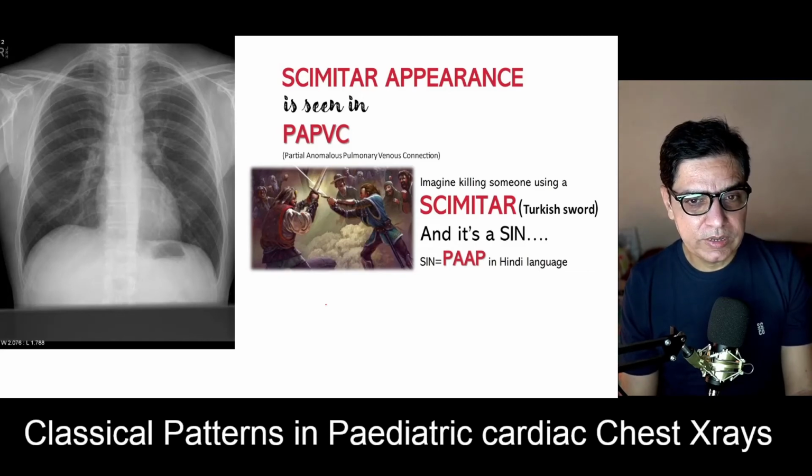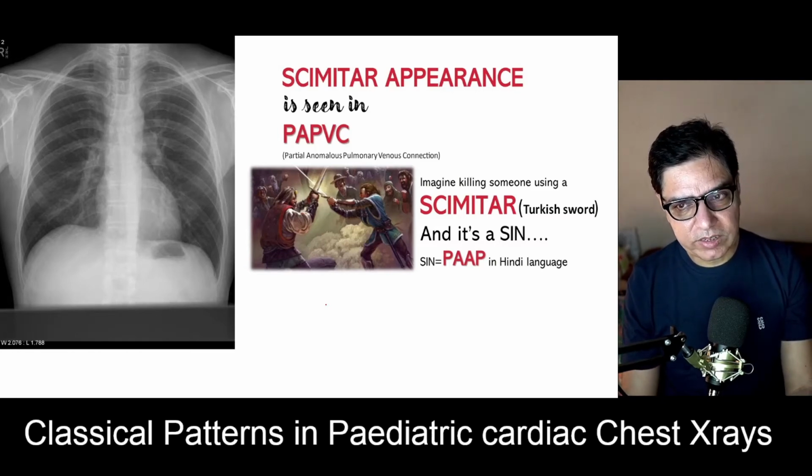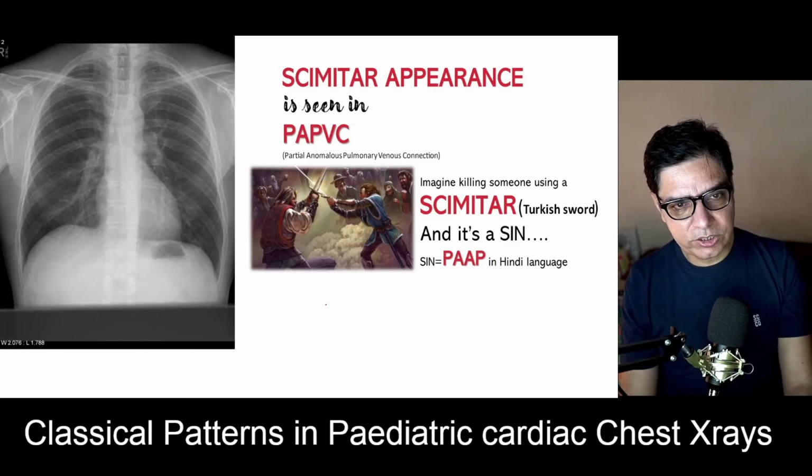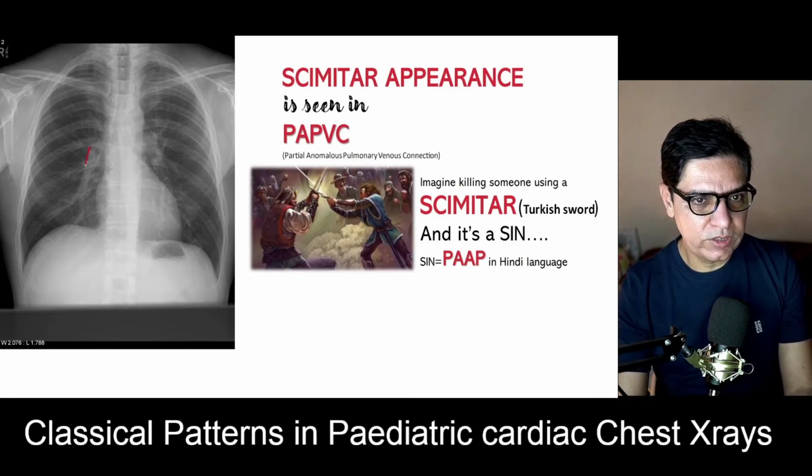But if there is a lot of blood going to the right side, then you can sometimes see a sign which we call the scimitar sign. Scimitar is the Turkish word for sword. So it looks like a sword on the right side of the thoracic cavity. If you see, this is something which resembles roughly a sword.